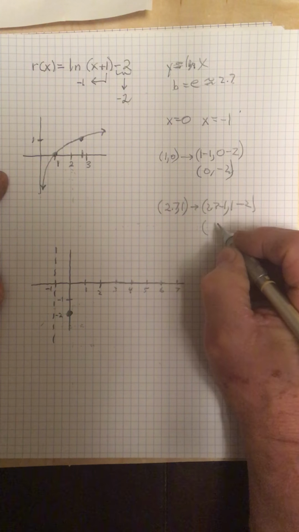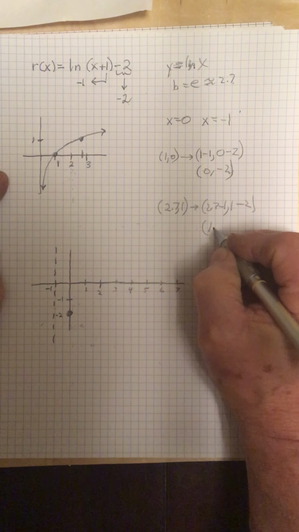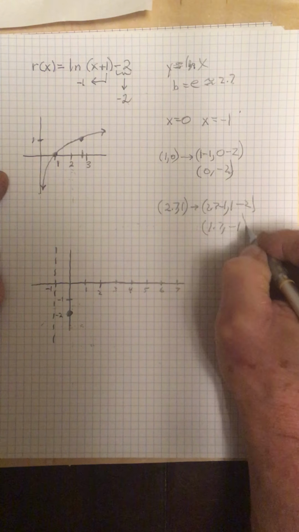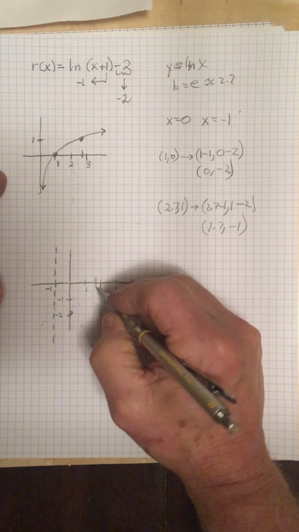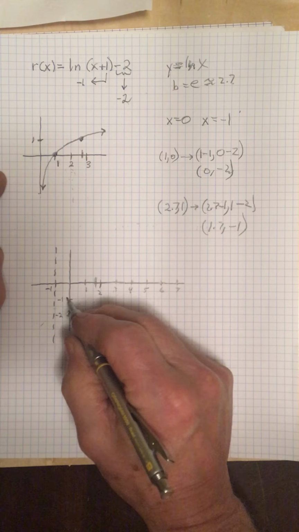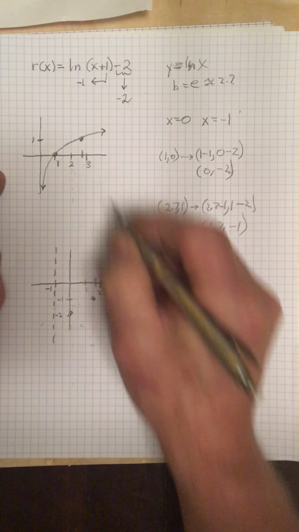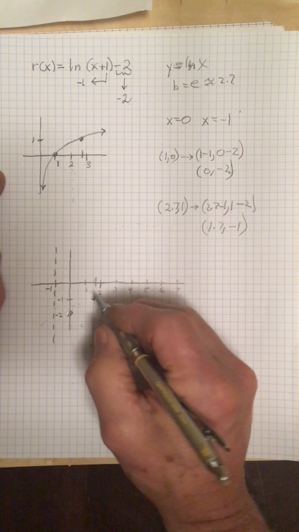So where does that bring us? 1.7, -1. So go to 1.7, that's about here. Go to -1, that's here. So this point moves to here.